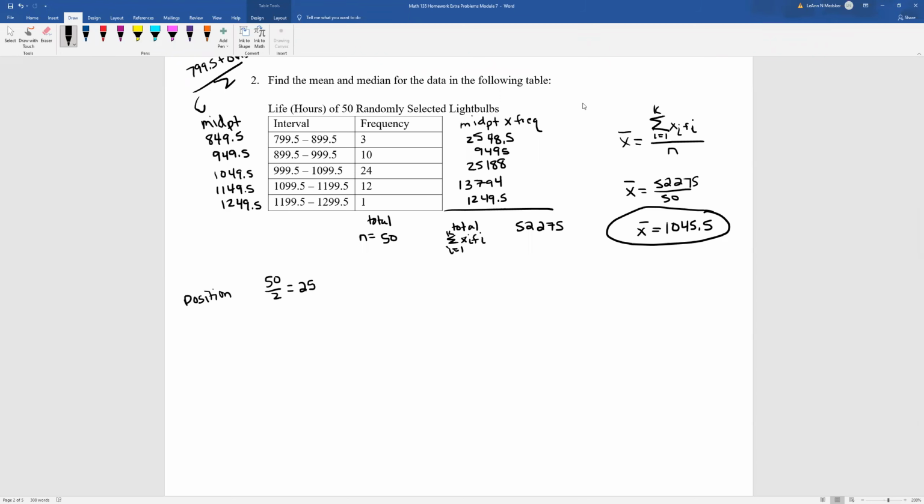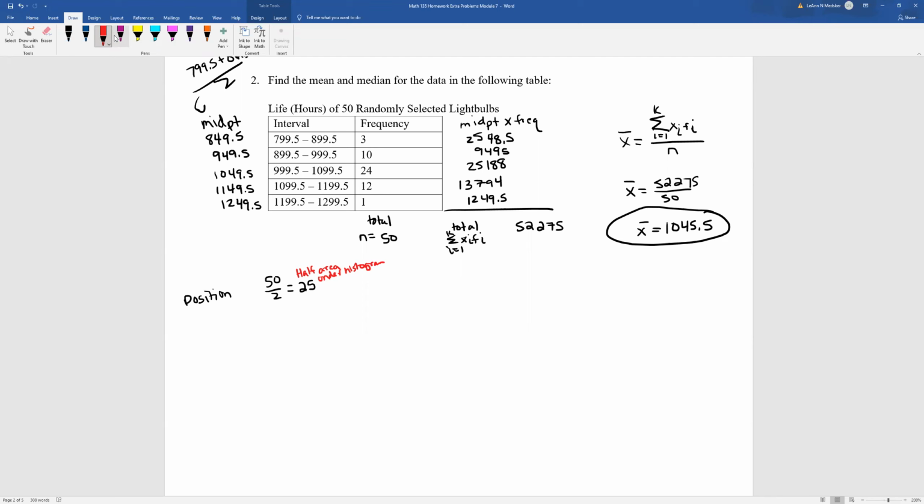So why this is different is that this has to do with half the area under the histogram. If you were to plot this histogram out, you've got all your midpoints, and you use your frequency as the height of each of your rectangles.